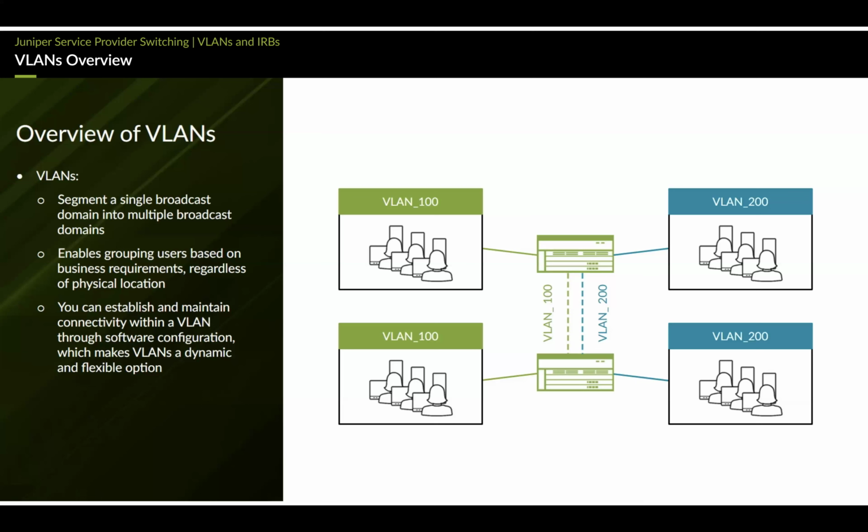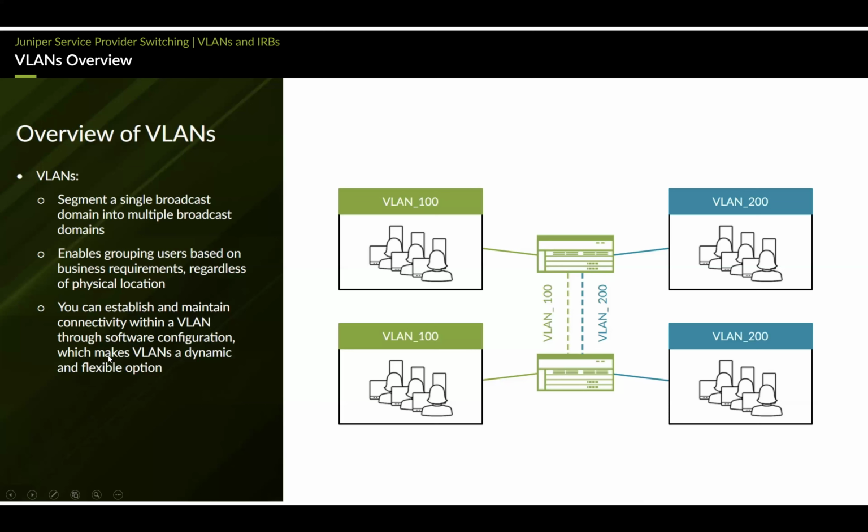In an enterprise network, they have different departments like HR, accounts, IT, marketing, sales. You can specify those departments in an individual VLAN and assign a respective subnet to communicate from one network to another network.